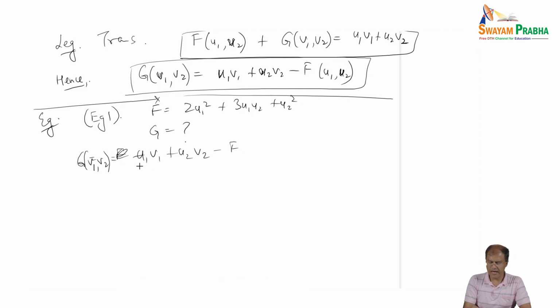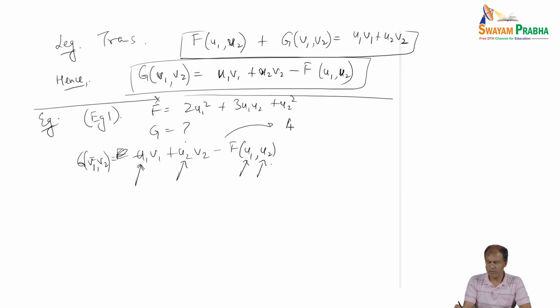So we need to write u1 as a function of v1 and v2, and u2 as a function of v1 and v2, and of course f of u1 and u2 also has to be written as a function of v1 and v2.